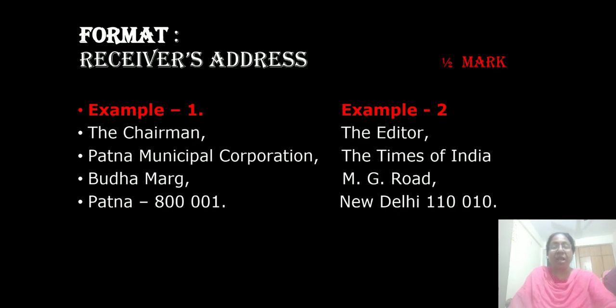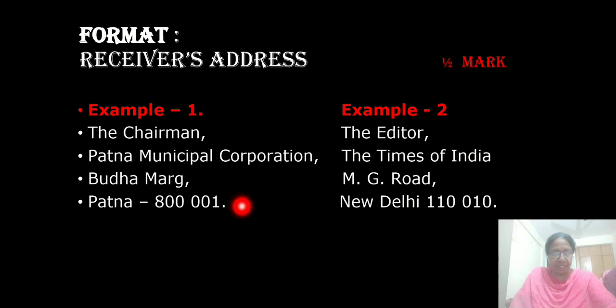First, you write the post or the designation. Then you write the office. Next, you write the name of the place, street or town, followed by the pin code. Here again the punctuation pattern would be comma, comma, full stop, or comma, comma, comma, full stop.